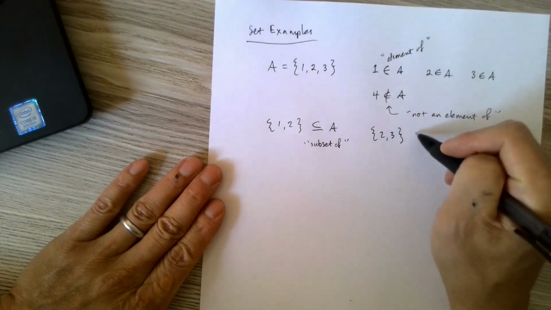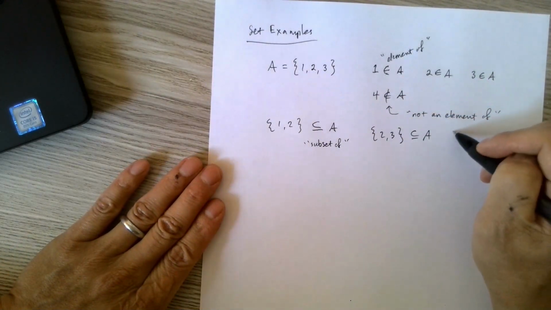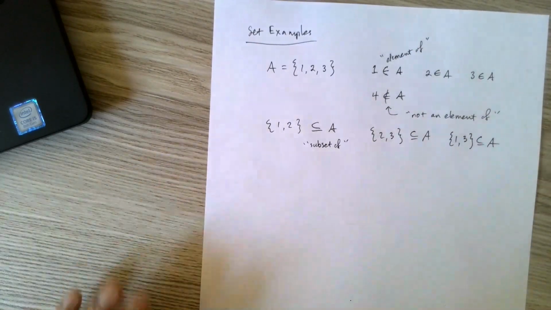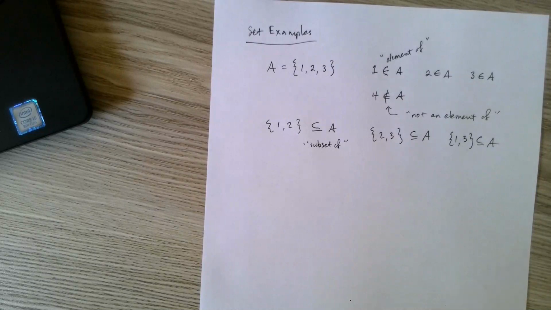This is also true. 2, 3 is a subset of A. This is also true. 1, 3 is a subset of A. Okay?